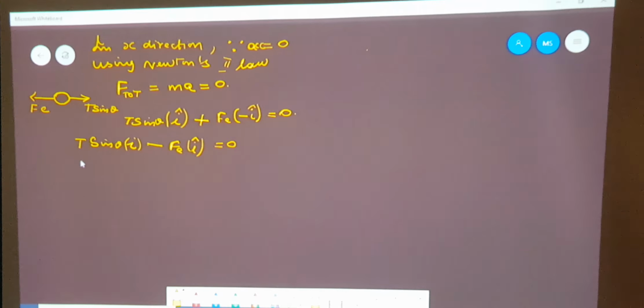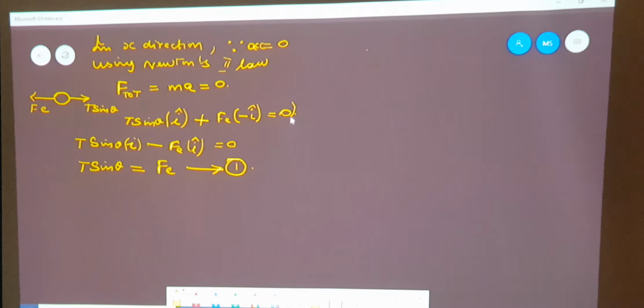Take it to the right side, and considering only the magnitude, T sin theta is equal to Fe. Take this as equation number 1.